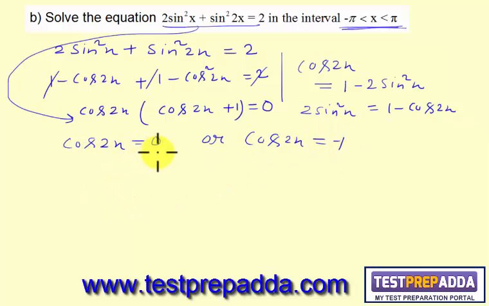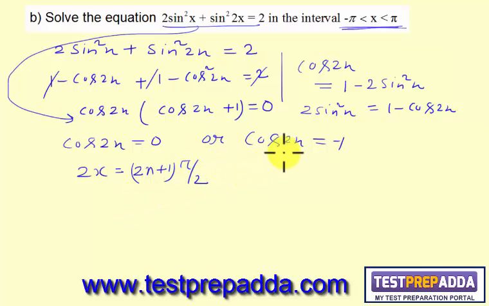When I say cos 2x is equal to 0, then 2x will be equal to (2n plus 1) pi by 2.